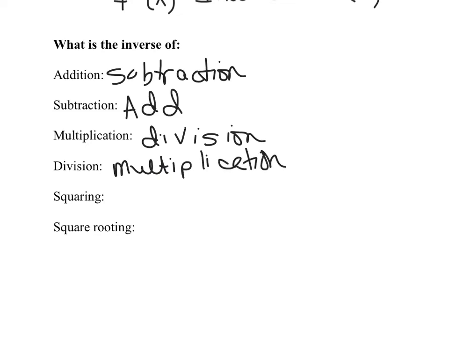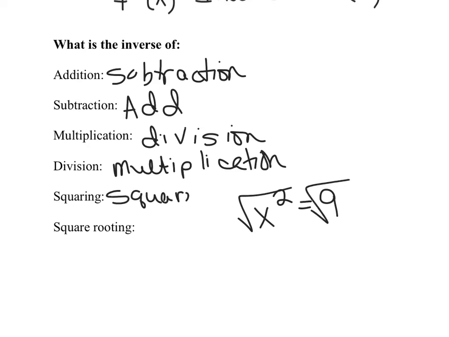So what's the inverse of squaring? So what I'm saying is if we have x squared equals 9, how do I figure out what x is? Well, you take the square root. There's millions and millions of others, and we're going to be doing a lot of different inverses, but this is just the beginning.